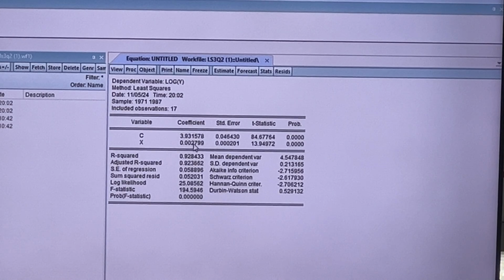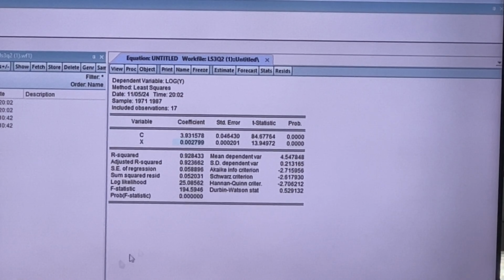So now you get the estimate, the estimated slope coefficient 0.002799. So in terms of interpretation, how to interpret?